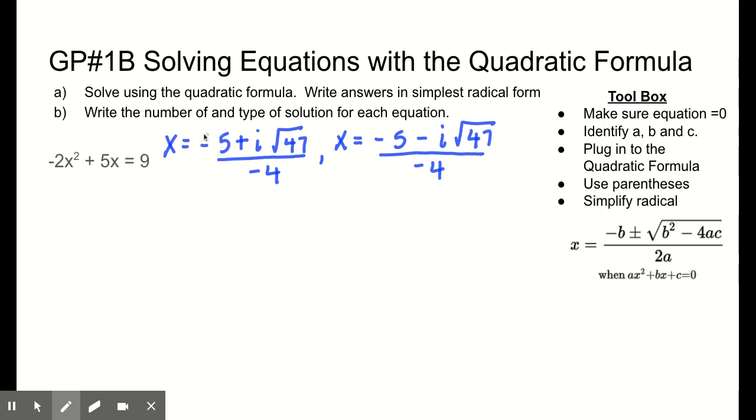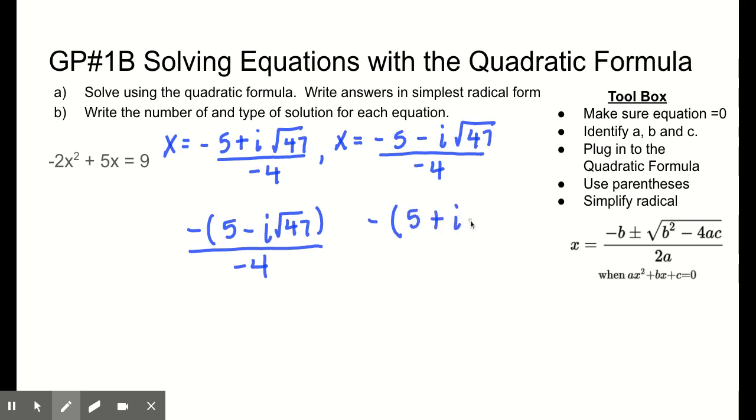So what we're going to do is divide out that negative in the numerator. That's going to make this 5 become positive, and the i rad 47 become the opposite, which would be negative. Same thing over here. We divide out that negative, that 5 becomes positive, and the i rad 47 will also become positive.